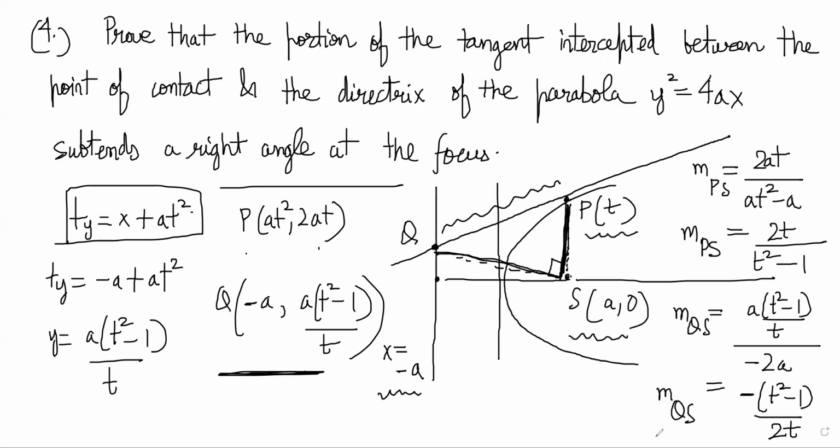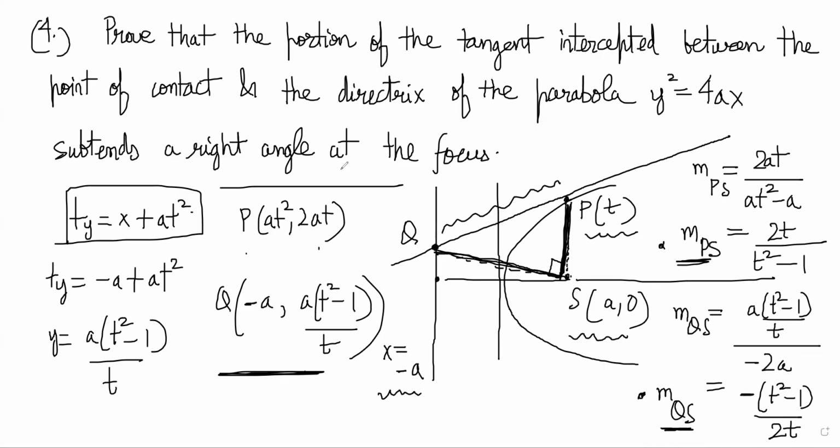This is the slope of QS. Now you can see clearly slope of PS is 2t by t square minus 1 and slope of QS is minus of t square minus 1 by 2t. So obviously the product of the slopes is equal to minus 1. So the line PS and the line QS are perpendicular to each other.